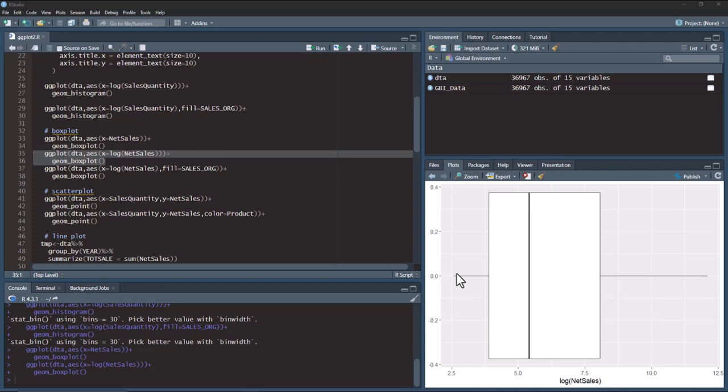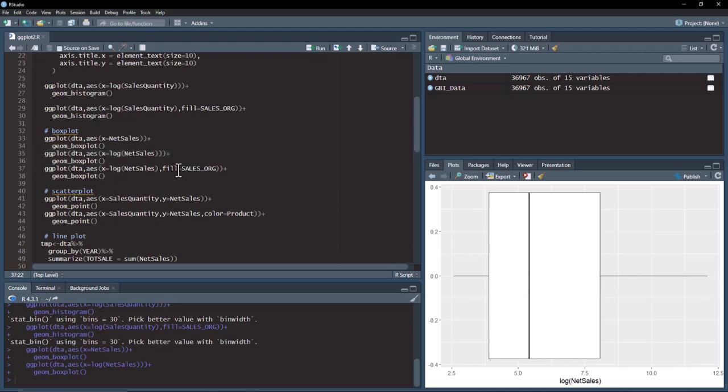Okay, so the natural log seems to take care of some of the extremes, and we do have these tails that give us the idea of how far out these outliers are. So we've got these extremes here.